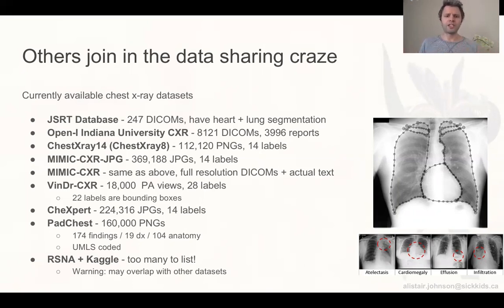So, there's actually a lot of data out there, slightly different formats, very important to consider the different resolutions and image data types. For example, some of these data sets actually come as DICOMs, right? And a DICOM is a very, very high resolution image, which also comes with metadata.